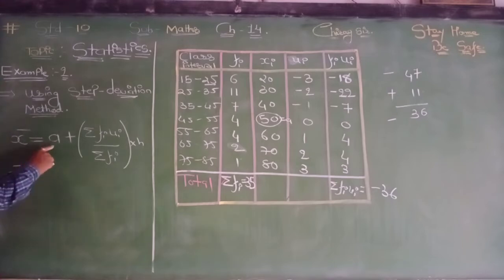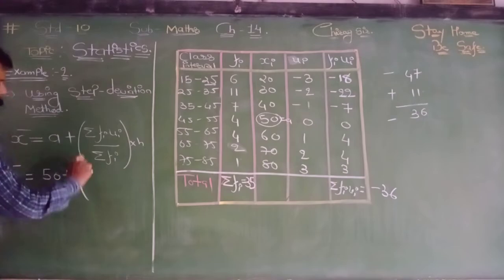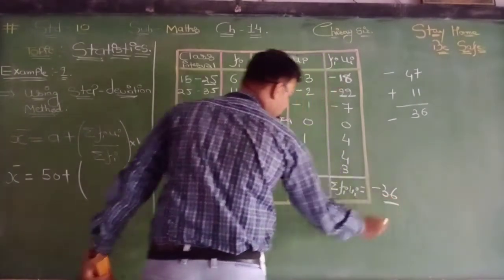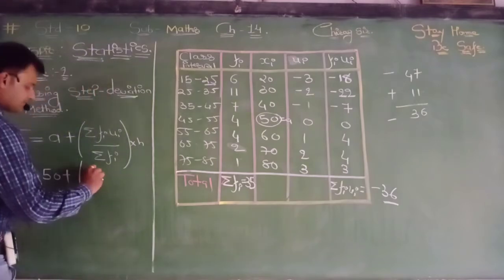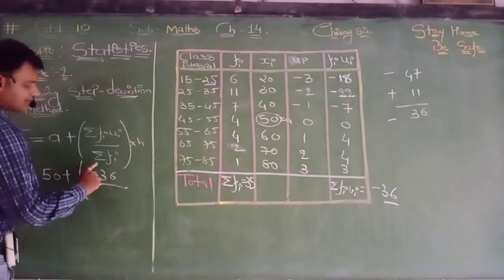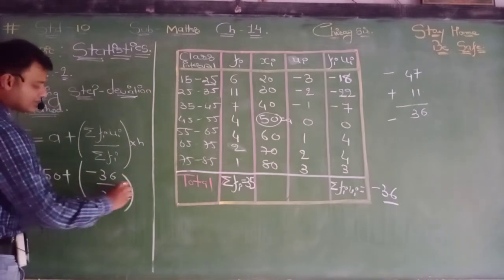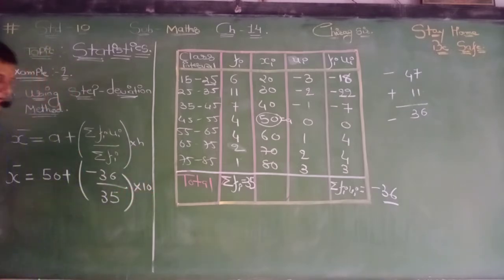x bar equals a, that is 50, plus sigma fi ui, dear students, that is minus 36, divided by sigma fi, 35, into h, that is 10.